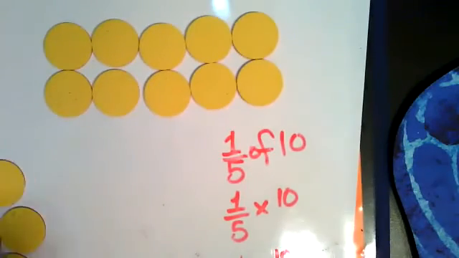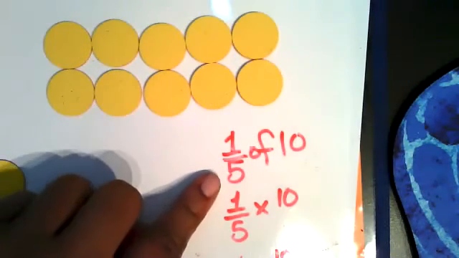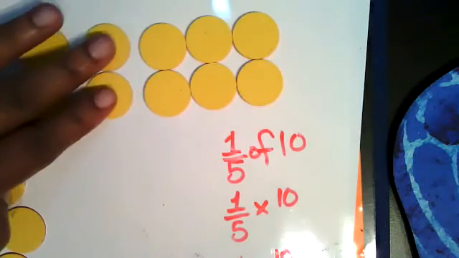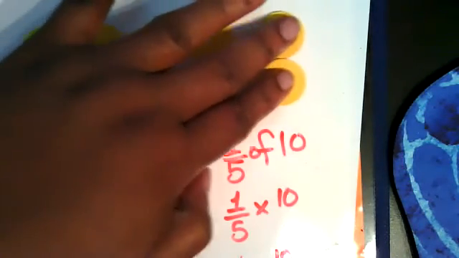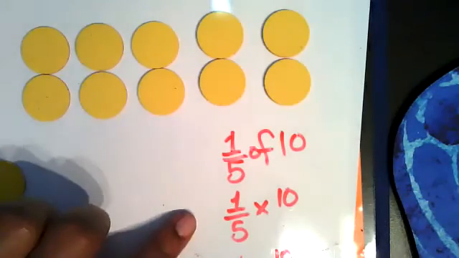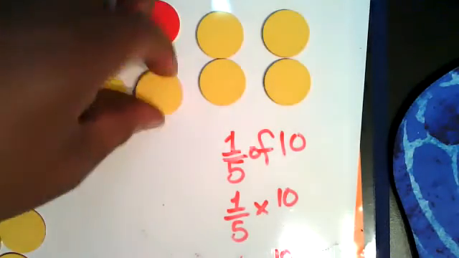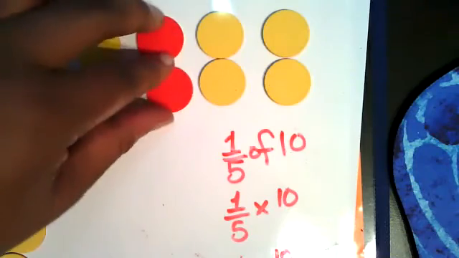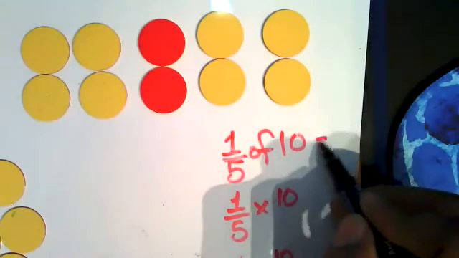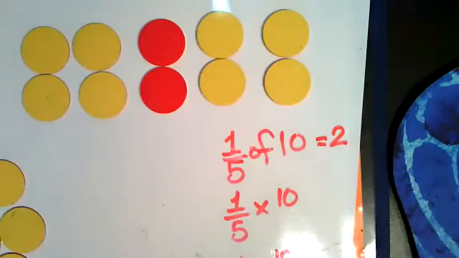So if I want to do 1/5, that means I need to make 5 equal groups out of my 10: 1 group, 2 groups, 3 groups, 4 groups, and then 5 groups. So if I want to do 1/5, I just simply turn over 1 group. How many did you turn over? 2, because 2 represents 1/5.